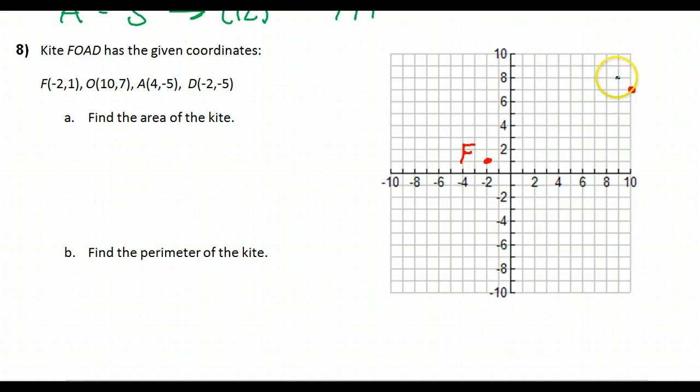All right, that's O. 4, -5. That's A. And -2, -5. All right, and that's D. Okay, so here's my kite.